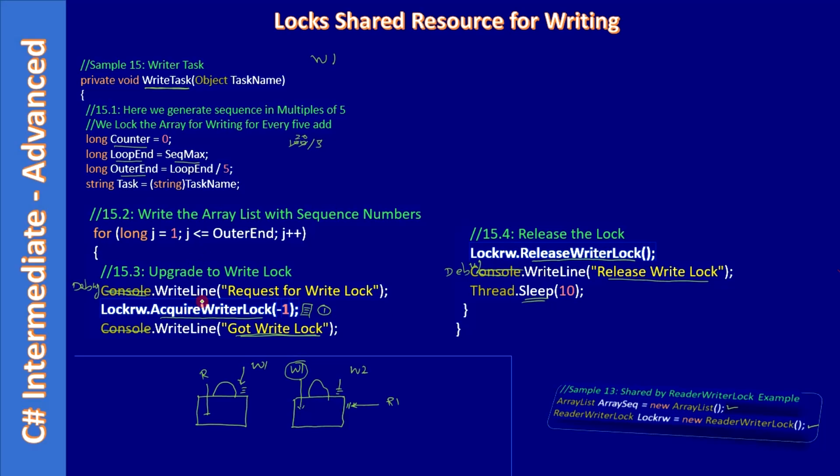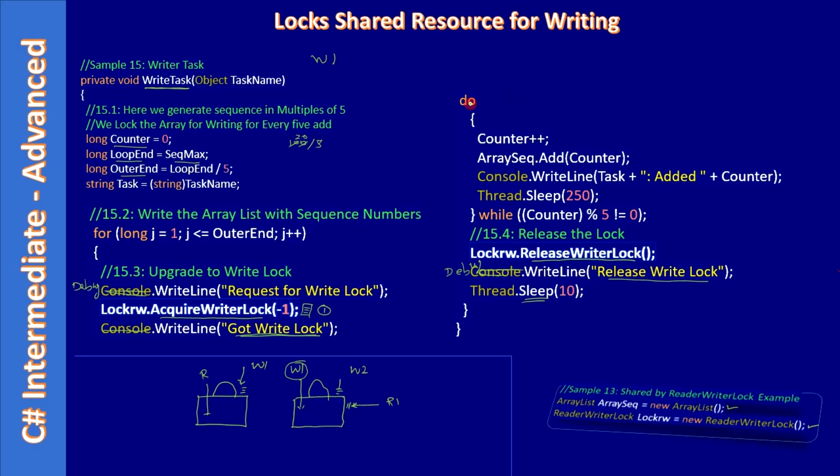So the writer thread accesses the writer lock. It will perform the processing, and if you see, this is the processing. Here inside the outer for loop, we are forming the inner loop. Inside the inner loop, we are increasing our counter plus plus, then arraySEQ.Add(counter). So arraySEQ is our array list.